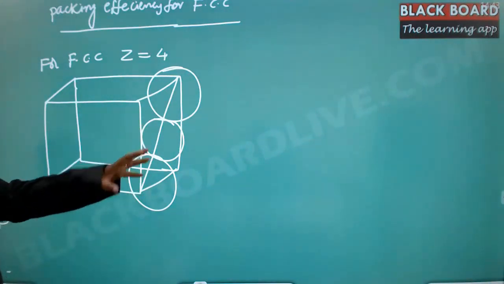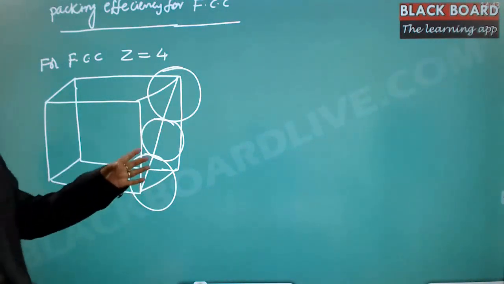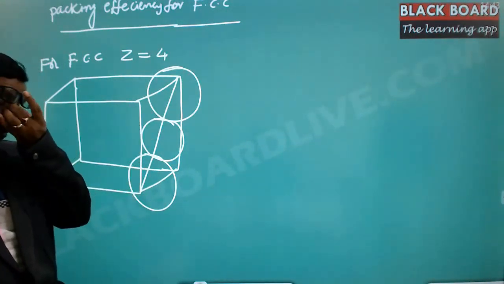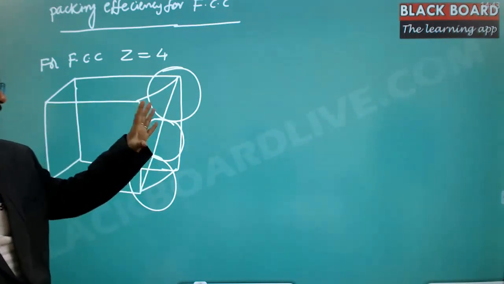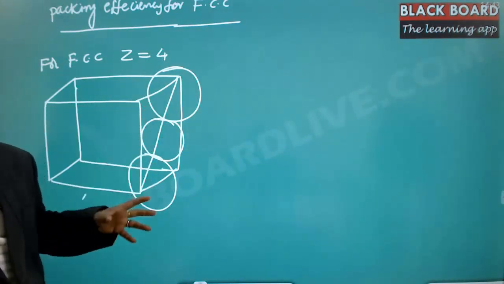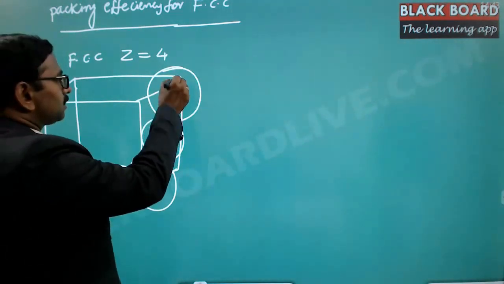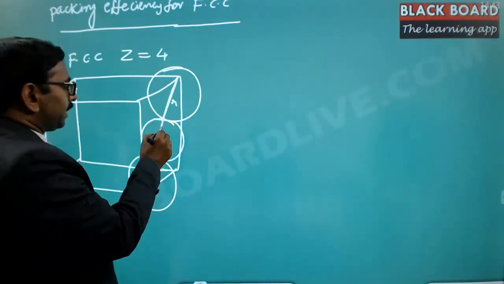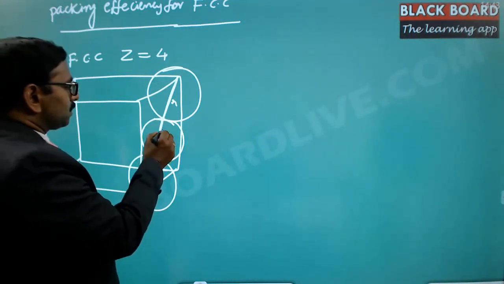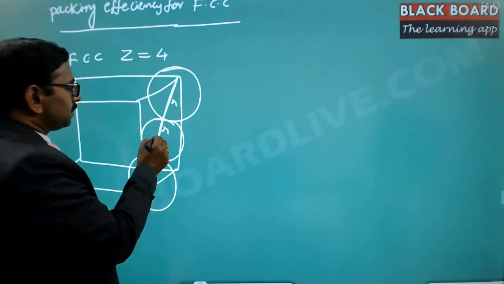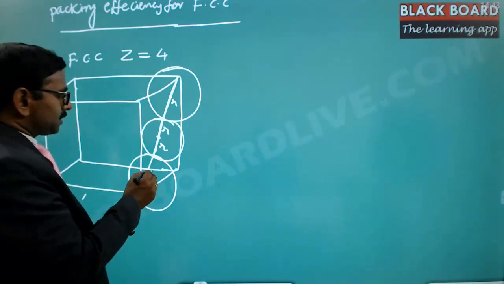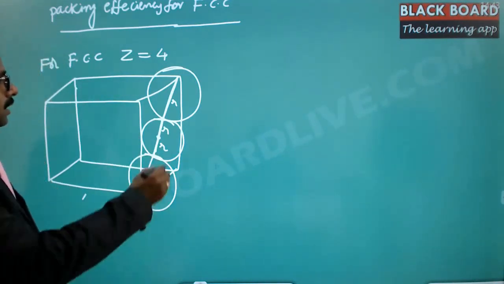Assume that all atoms are equal in size. This is the radius r. This is the diameter, so radius plus radius, and here is another radius.